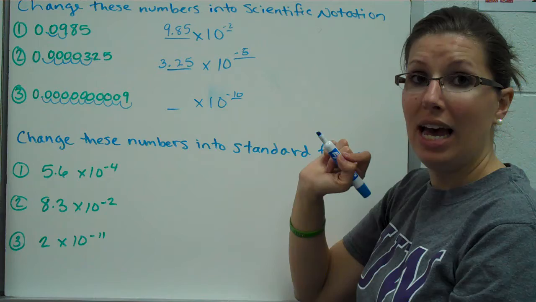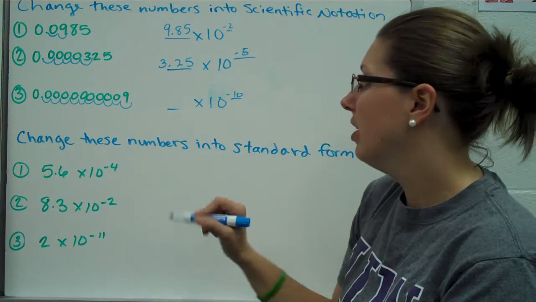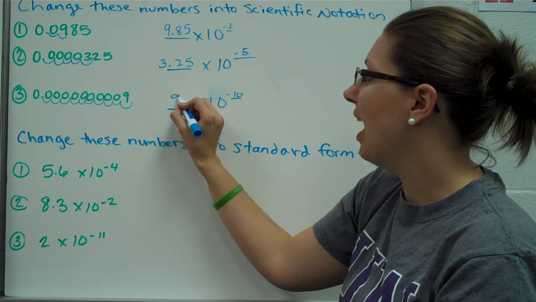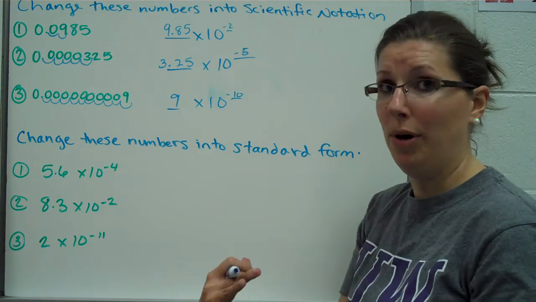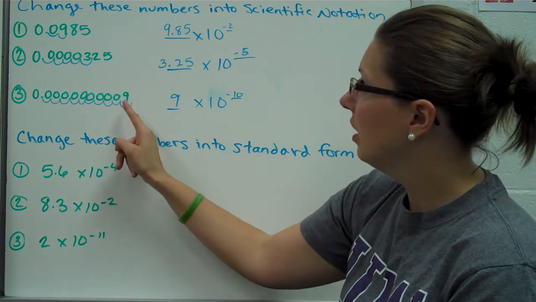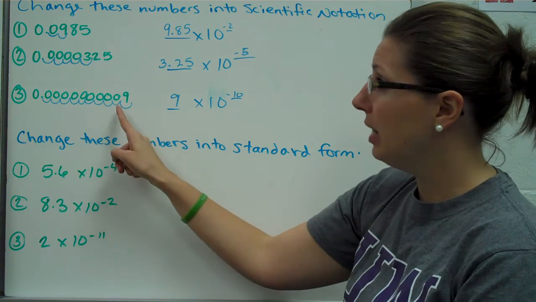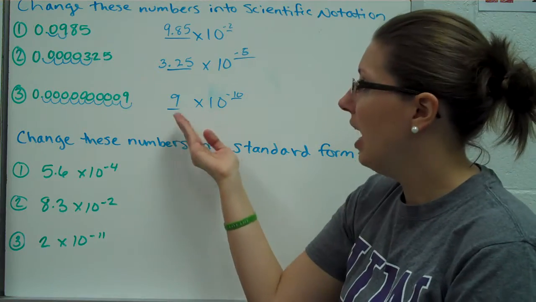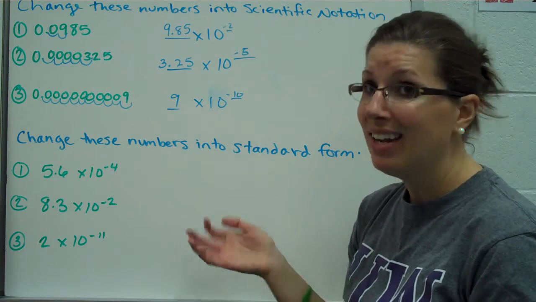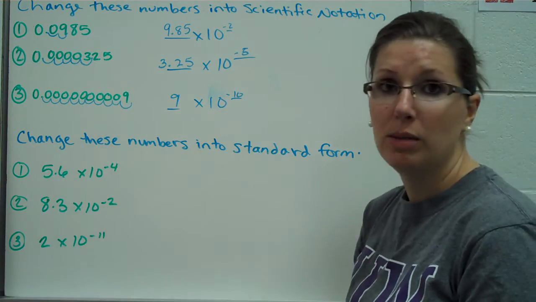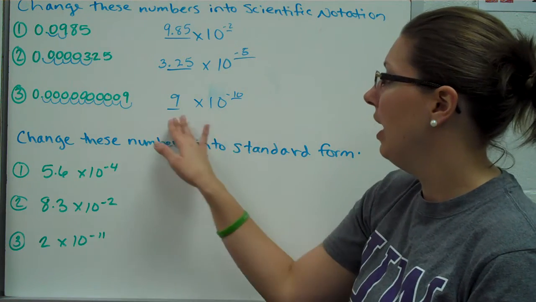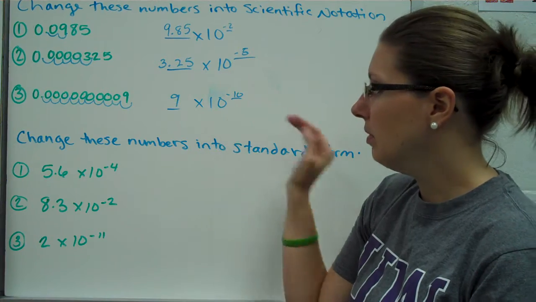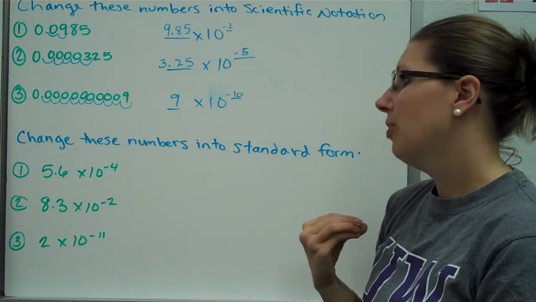So I moved it 10 places to the right, so my exponent is negative 10, and my number is actually 9 as a whole number. If I stopped after I moved 9 places, I would have 0.9. That's not big enough. I have to have a number in between 1 and 10, so I had to move it one more decimal place over so that I get this new number as my scientific notation. All right? So that's done.